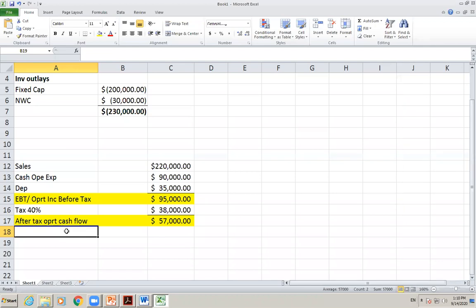Then at the end, as I told you, depreciation is a non-cash item that should be added back.